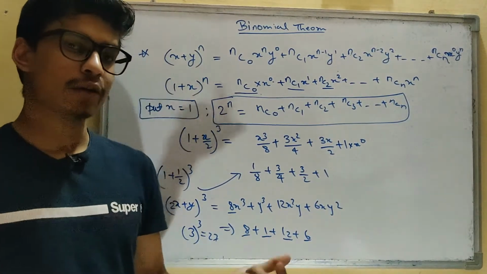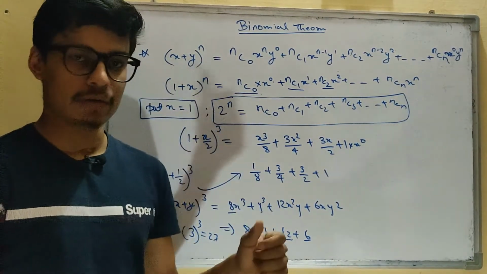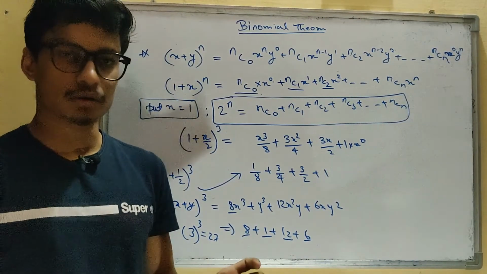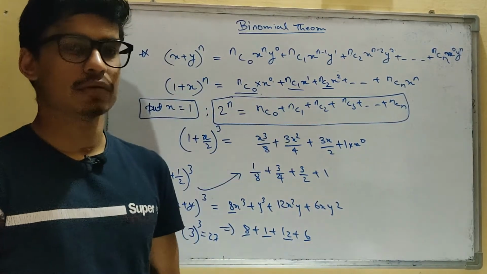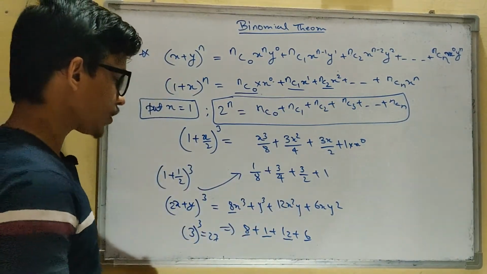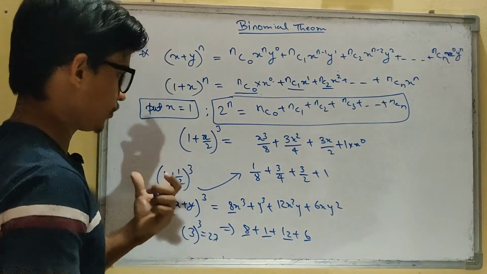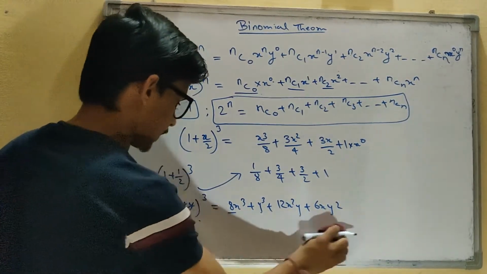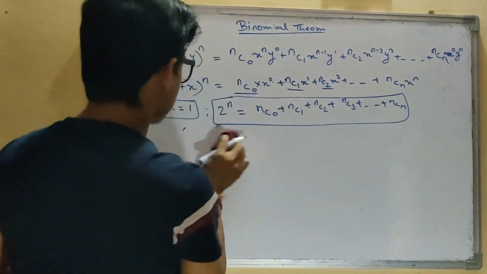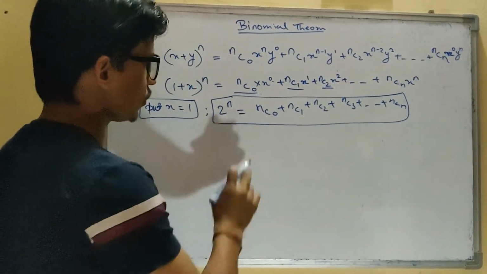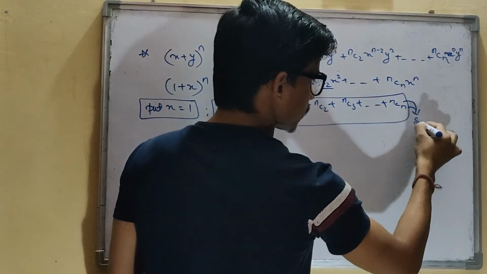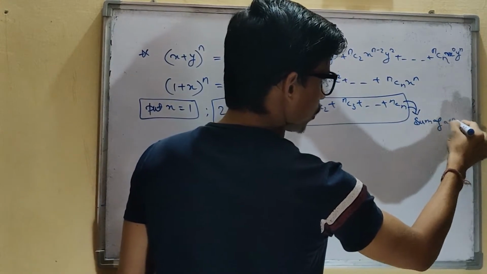So in the expansion of a binomial having any number of variables, if you substitute all variables equal to 1, you get the sum of all the coefficients in the expansion of that binomial, trinomial, or anything. So this is how it is done. Remember that. So put x equals 1, 2 to the power n is equal to this, and this is the sum of all coefficients.